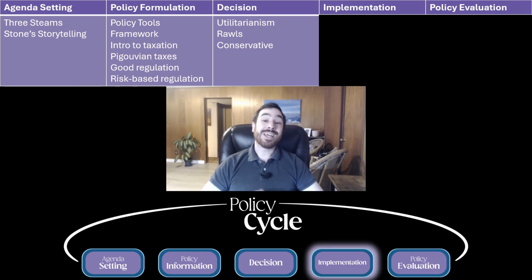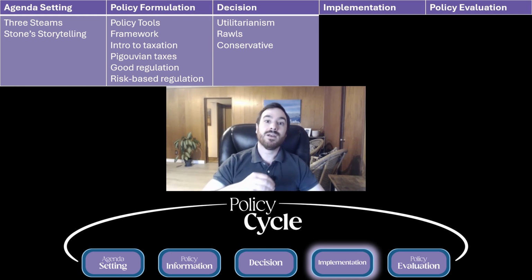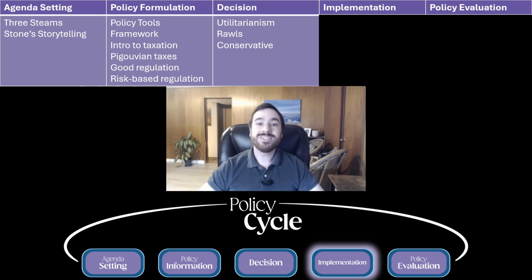Next, when we think about implementation, this is really the domain of public administration and the study of public administration. Oftentimes you'll see different degrees that are public policy and administration, and it's because these two are so closely linked, but really implementation is the domain of public administration.